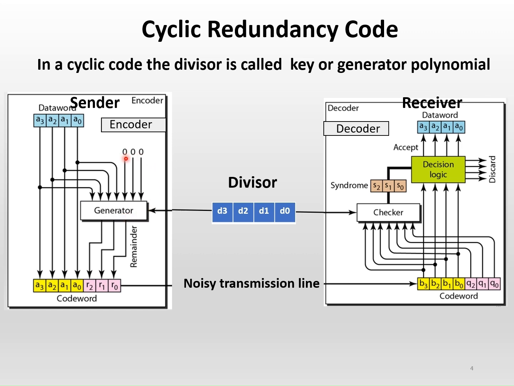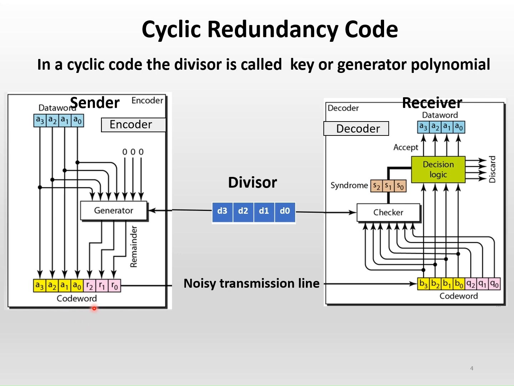These 3 zeros are just the placeholder in the beginning. So this data word and these 3 zeros together will be divided by these 4 bits of divisor, and the remainder after the division is complete, 3 remainder bits will replace these 3 zeros placeholder.